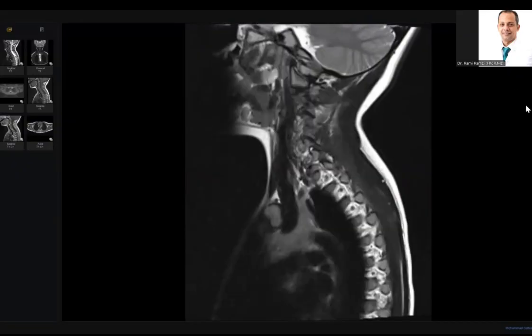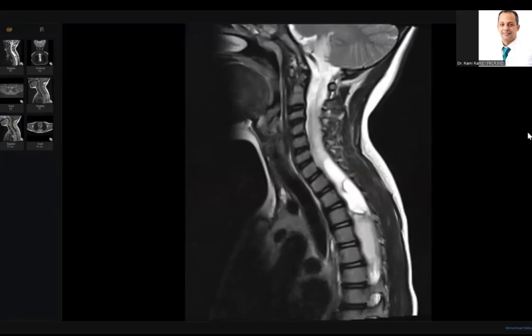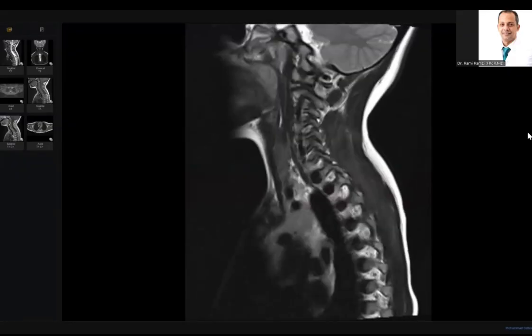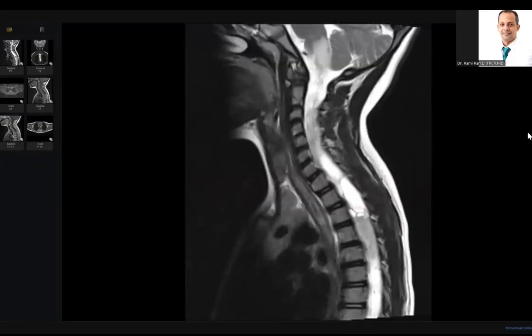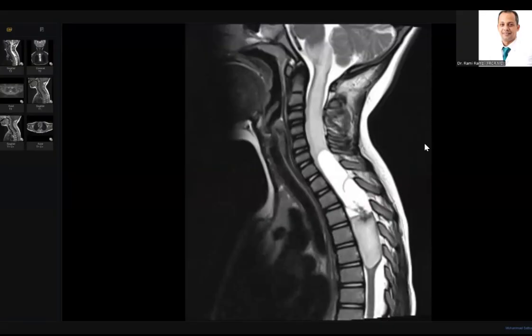I'll take a moment to scroll through the images before I conclude my findings. Okay, so there is a long segment of upper cord expansion and medullary expansion with abnormal high T2 signal extending to the upper thoracic segments.